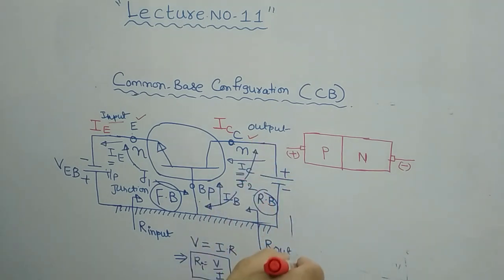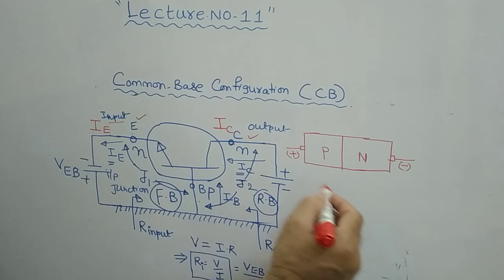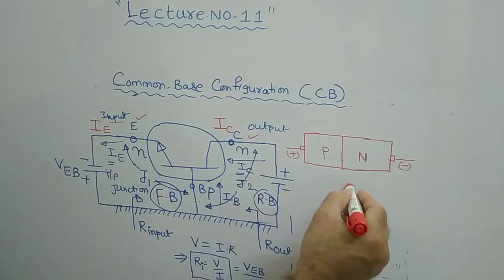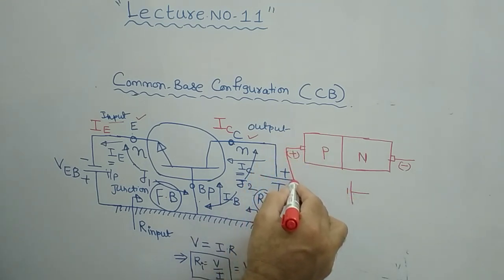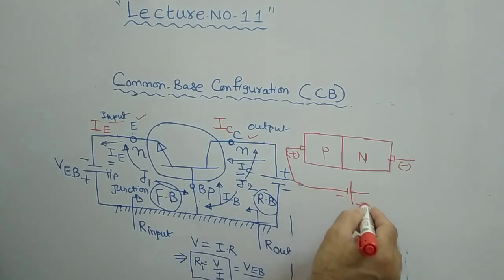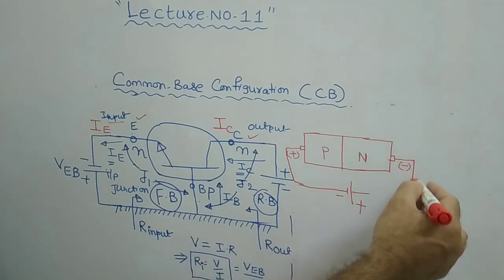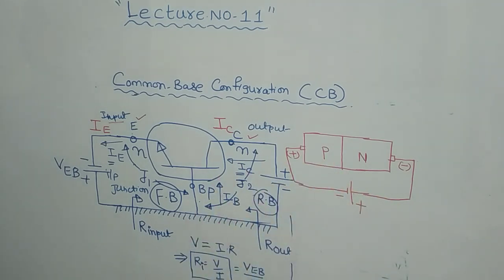Now what is reverse bias? Reverse bias is nothing but simply changing the battery connection. The battery is drawn like this.